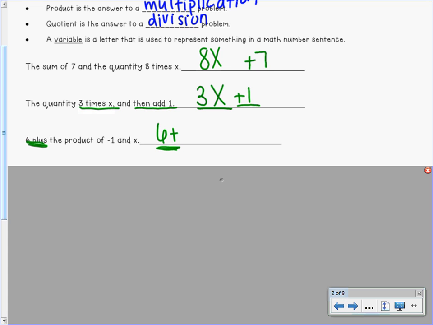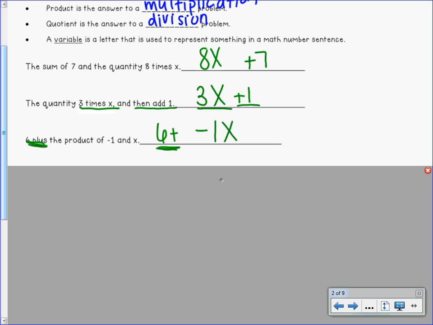Okay, what does product mean? What am I going to be doing again? Multiplying. Okay, so the product, how could I do that? The product of -1 and x. Like, a negative 1 and another x next to it. Oh, sorry, I'll fix it. Yeah.